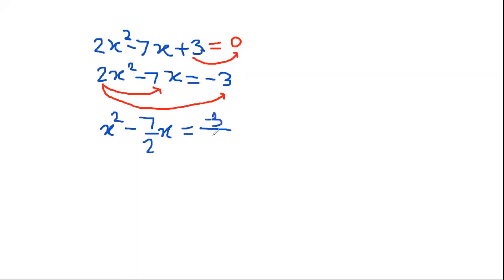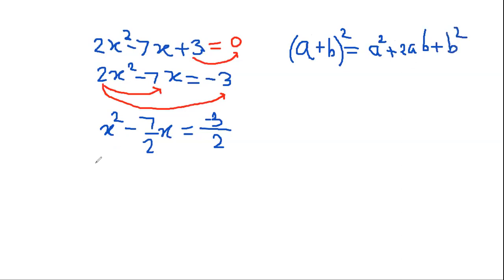Okay, now we know the a plus b whole square formula. What is that? A plus b whole square is a square plus 2ab plus b square. So multiply the center part by 2 and divide by 2.